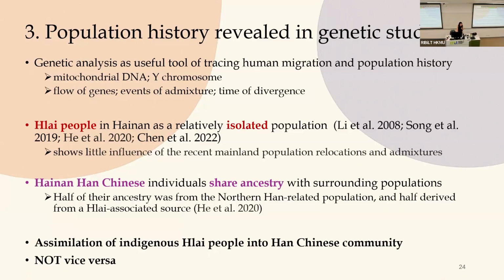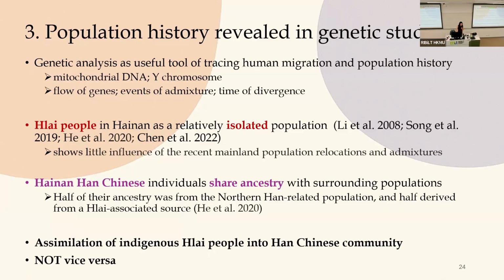On the other hand, the Hainan Han population appears to be a mixture of two components genetically speaking, related to Hlai and to Northern Han Chinese populations respectively. Approximately half of their ancestry was from the Beijing Han related population, and half was derived from a Hlai associated source.